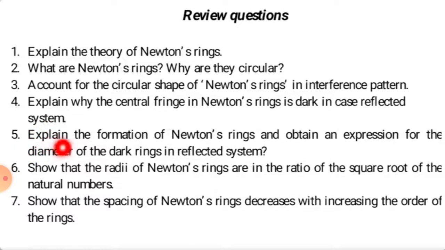Explain the formation of Newton's rings and obtain an expression for the diameter of the dark rings in the reflected system. This can also be asked as: show that the radii of Newton's rings are in the ratio of square root of the natural numbers, or show that the spacing of Newton's rings decreases with increasing order of the rings. So these are the important questions asked in exams.